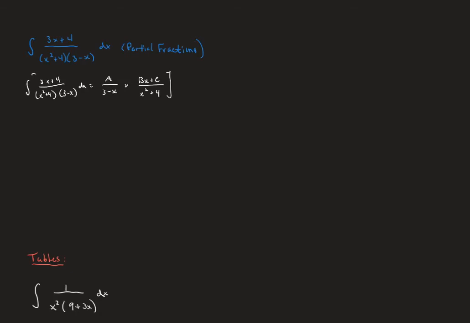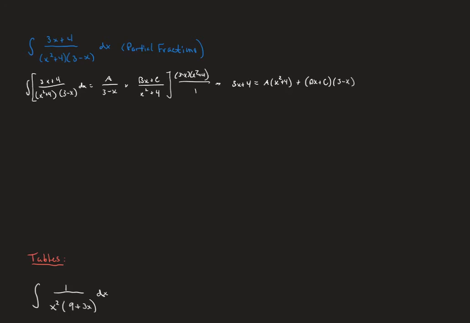So we're going to multiply through by our least common denominator and see where that is going to take us. So we'll get 3x plus 4 on the left side, and we will get A times x squared plus 4 on the right, and then we'll get Bx plus C times 3 minus x.